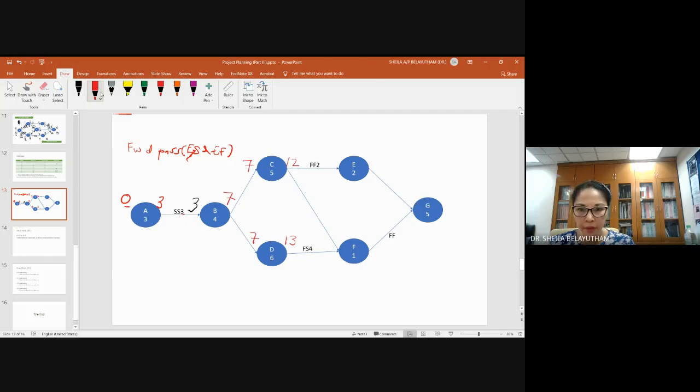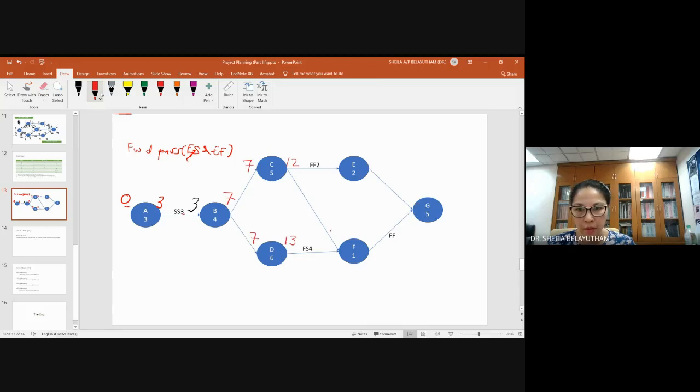Moving forward, you have two numbers going on here. You will always compare the same number. You can't compare early finish with early start. For example, if your calculation here is early finish and your calculation here is early start, you can't compare them. So compare the same item. If you're comparing early start here, you will compare the early start there too, for F. For C, finish 12, F will start 12.